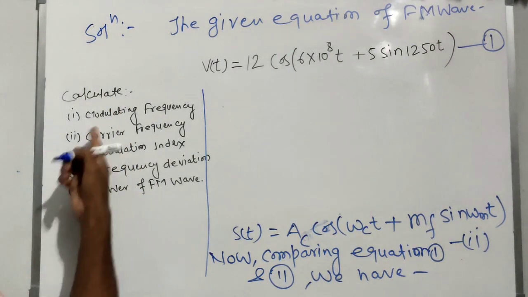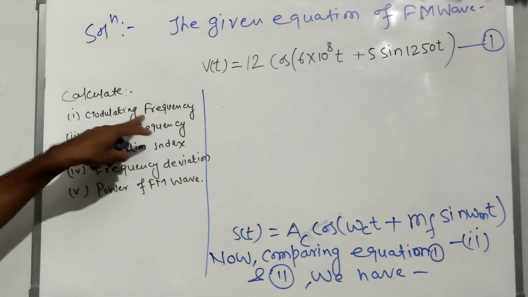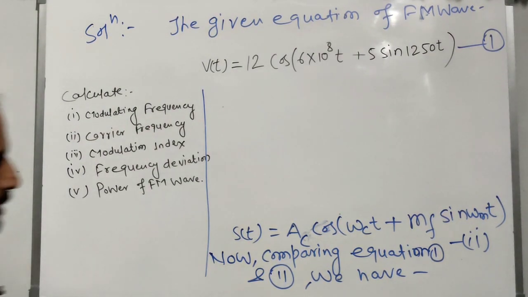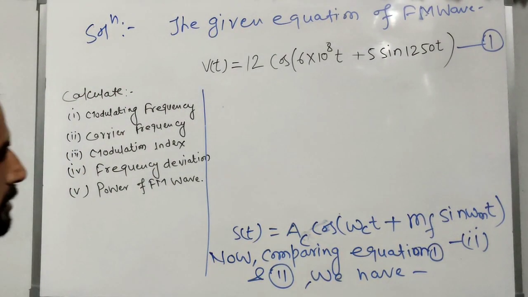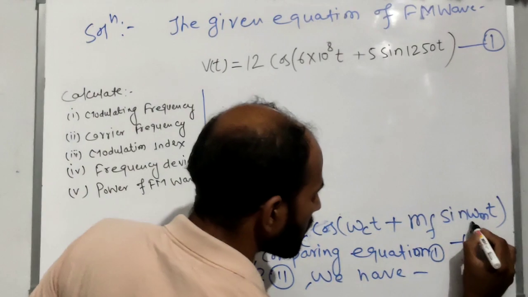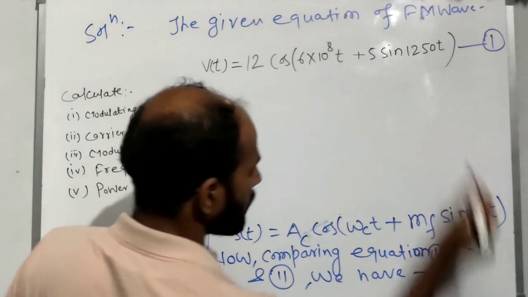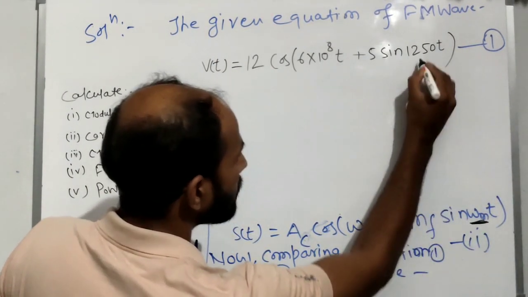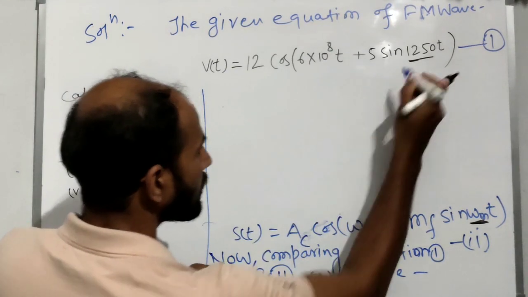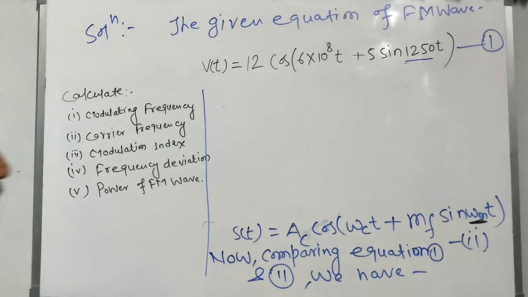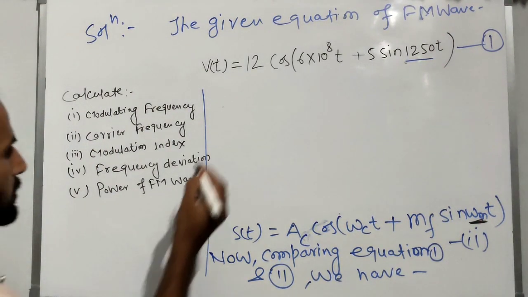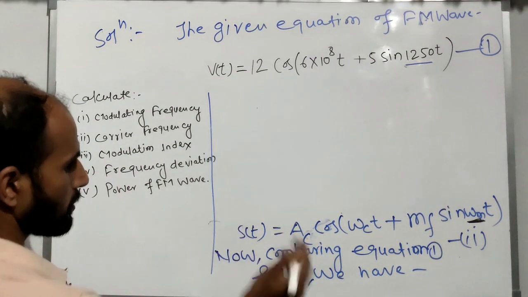First of all, you calculate the modulating frequency. The modulating frequency is here: omega m, and on this place, compared to this, is omega m, the modulating frequency.